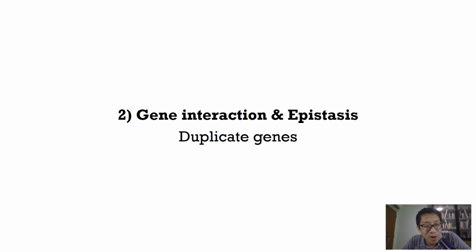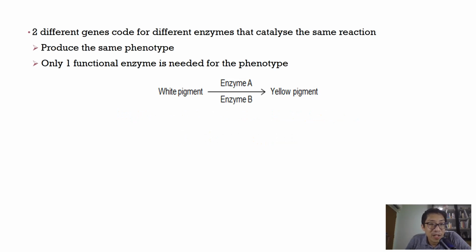Now we'll look at the last example of epistasis, duplicate genes. For duplicate genes, what happens is we have multiple enzymes or proteins that are involved in the same reaction and that give you the same phenotype. In the example that we have here, we have 2 different enzymes, enzyme A and B, that both catalyze the conversion of the white pigment into the yellow pigment.